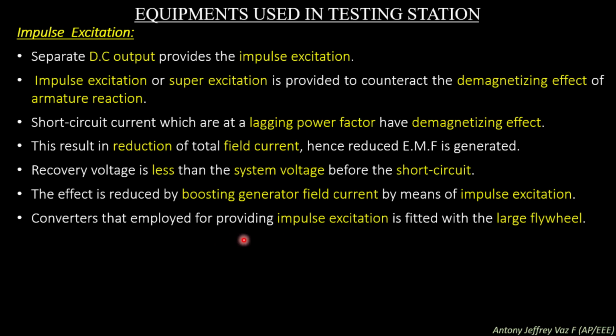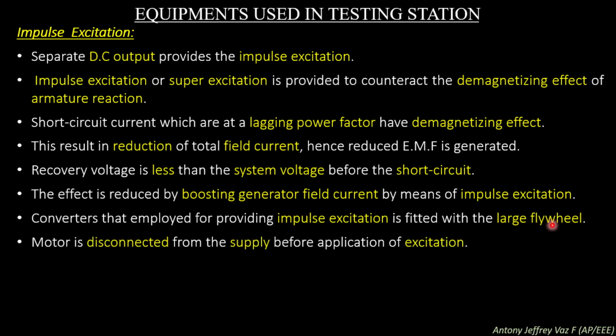The converters employed for providing impulse excitation are fitted with a large flywheel. So, to provide the impulse excitation, the converters which are connected with the field system of the generators are fitted with a flywheel. The motor is disconnected from the supply before application of excitation.